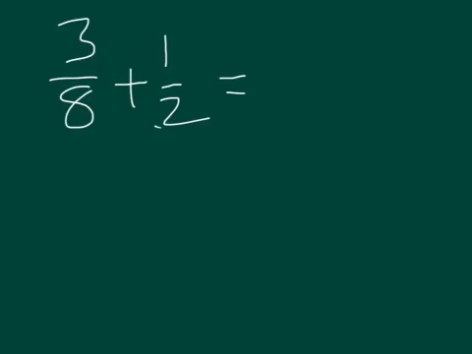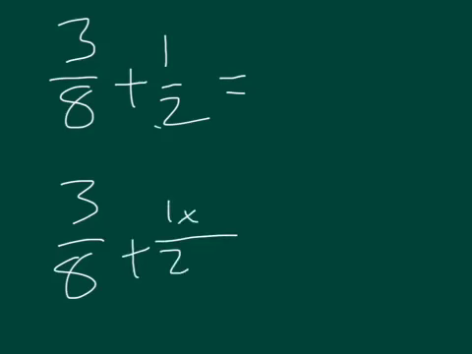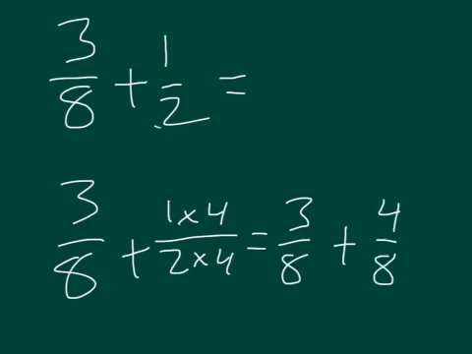Well, how would we change 2 into 8? You will multiply by 4. So if we multiply, let's do 3/8 plus 1/2, and we do times 4 times 4, and we would get 3/8 plus 4/8, and we'd be able to add those together. So 3/8 plus 4/8 equals 7/8. So 3/8 plus 1/2 also equals 7/8.